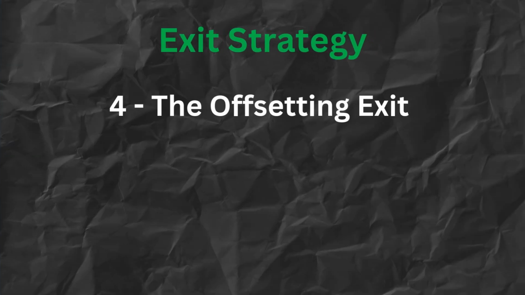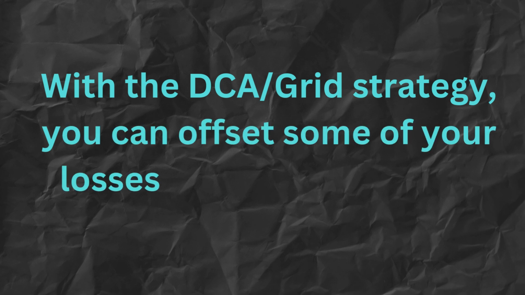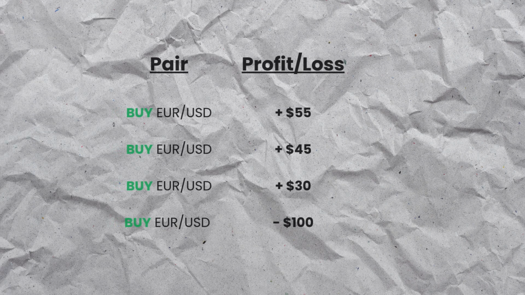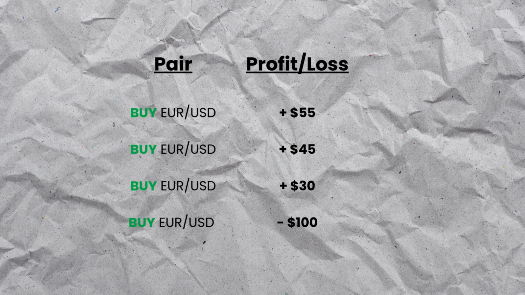4. The offsetting exit. One of the key benefits of the grid trading DCA strategy is the ability to offset losses with your wins. This works similar to the staggered approach, but instead of keeping your profits, you use them to offset some of your losses.